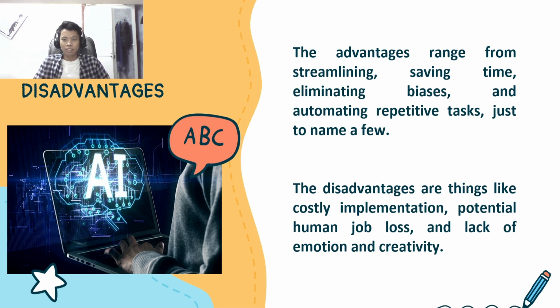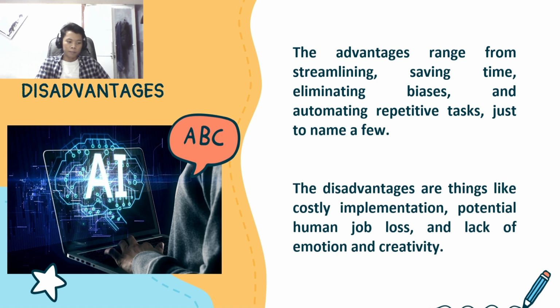That's bias, because there are two explanations we got from different persons. After we use AI, it will give only one answer, the same answer. And automating repetitive tasks.